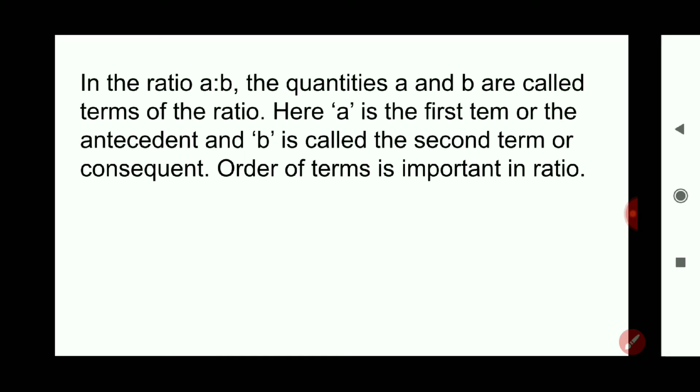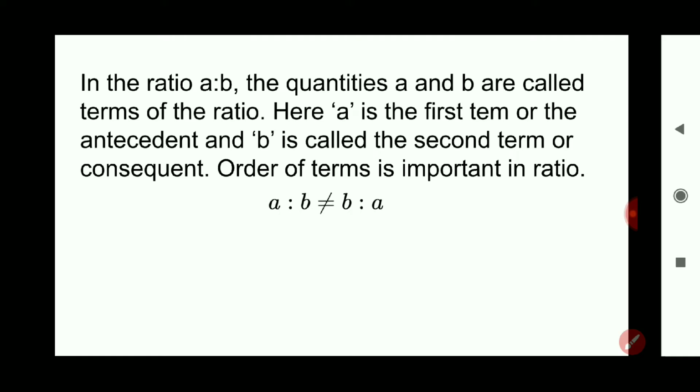Dear students, in the ratio A is to B, the quantities A and B are called terms of the ratio. Here A is the first term or antecedent and B is called second term or consequent. Order of terms is important in ratio.